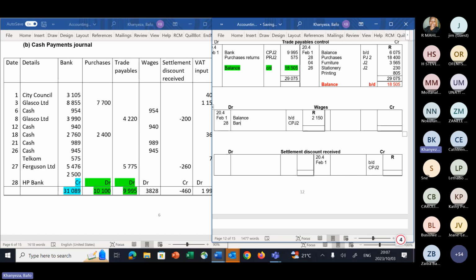Contra account is bank. 3828. Then let's total everything. When we total everything, we're gonna get 5978.